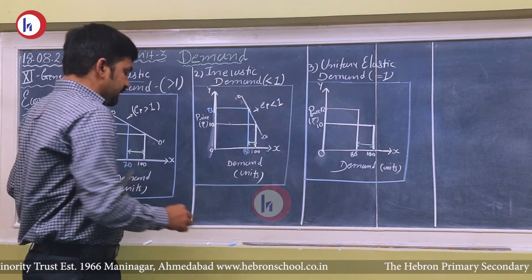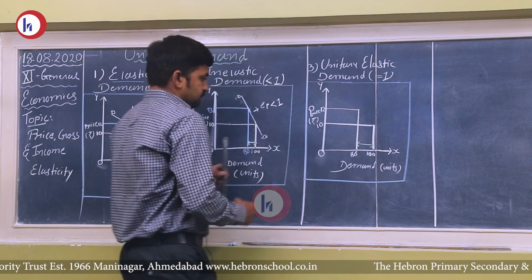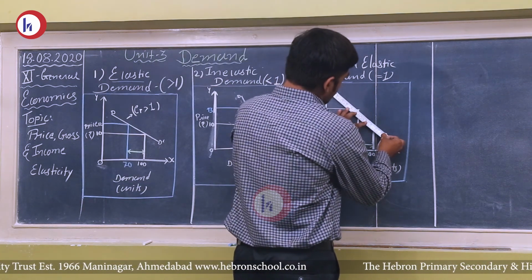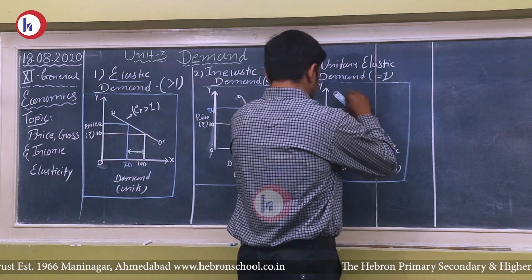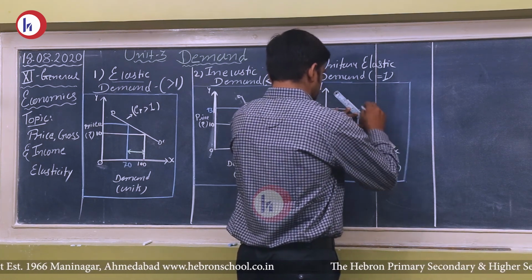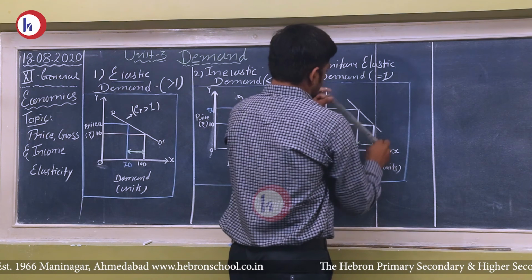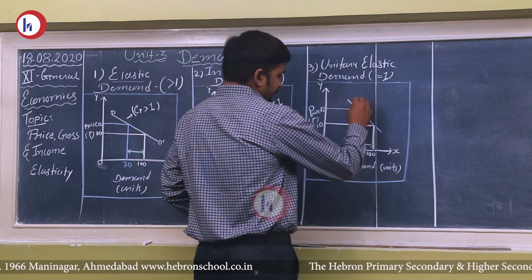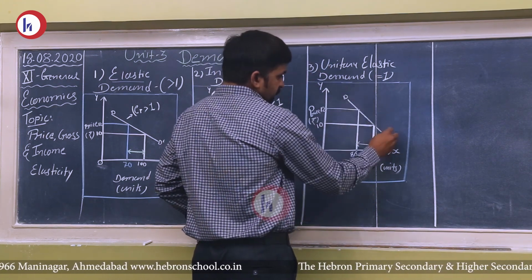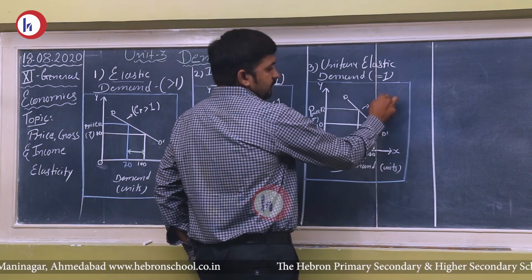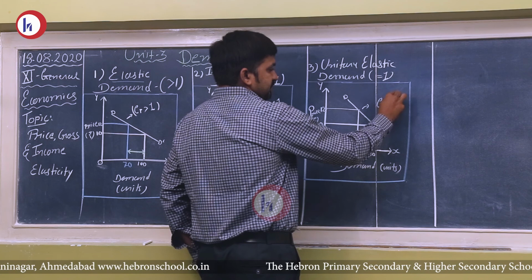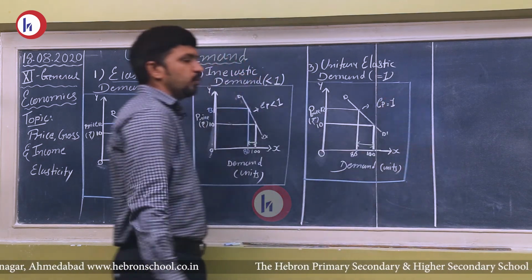Again, let us draw a slope. Let us draw the demand curve. Keep this in mind. Your figure will be observed on the basis of demand curve. That is, here price elasticity is equal to 1.